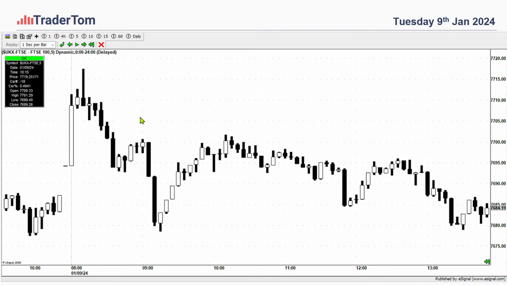So what if we said, all right, we're going to look at a 10-minute bar, but we're going to displace it, meaning that we won't take the 10-minute bar that goes from, say, 8 a.m. until 8:10 a.m. Instead, we'll look at the 10-minute bar that goes from 8:05 to 8:15.